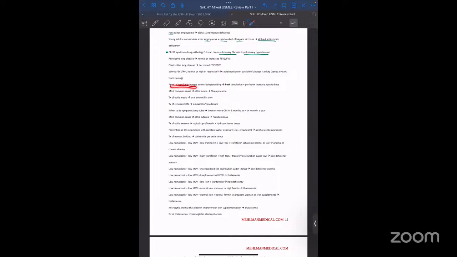Then apex to base lung changes when sitting or standing. Both ventilation and perfusion increase from apex to base.